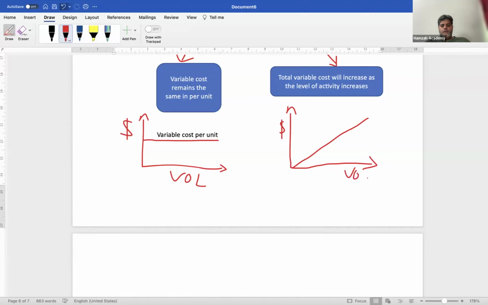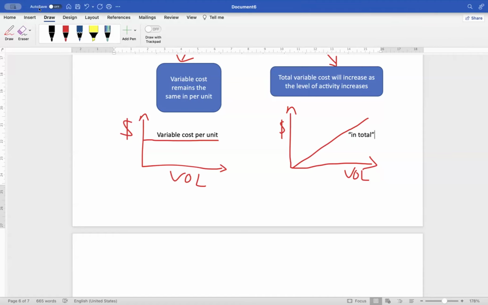This is the volume, right? And this one over here, in total, it increases as the level of activity increases, right? It just keeps on going and keeps on increasing as the level of activity is increasing, right?